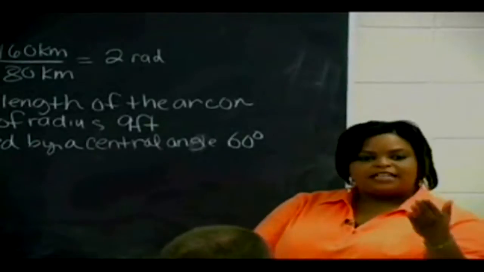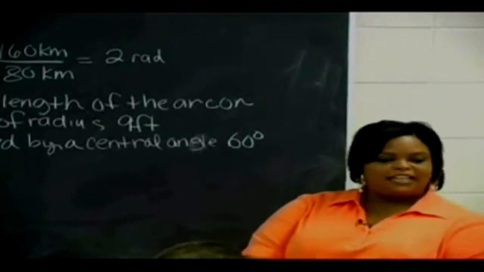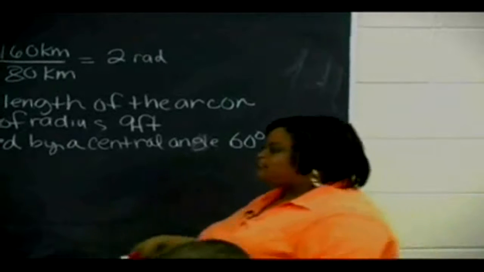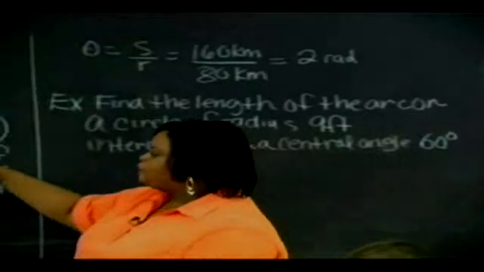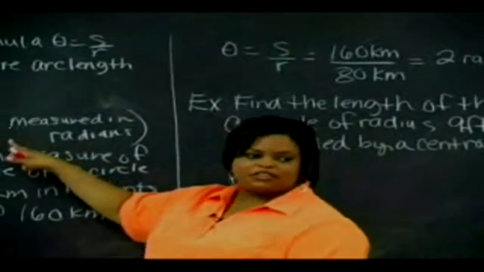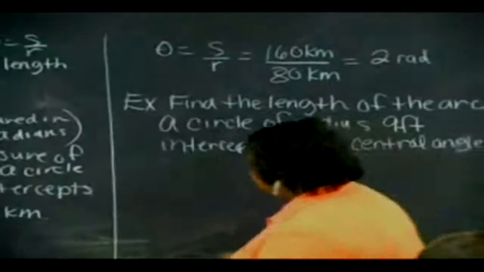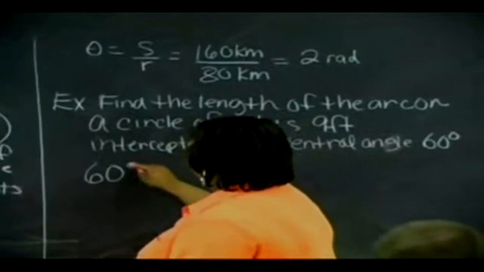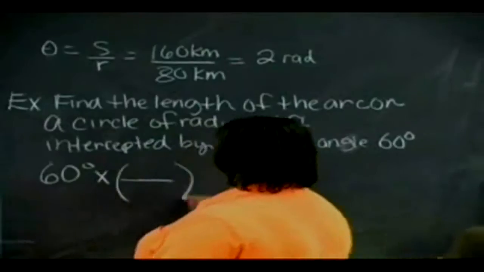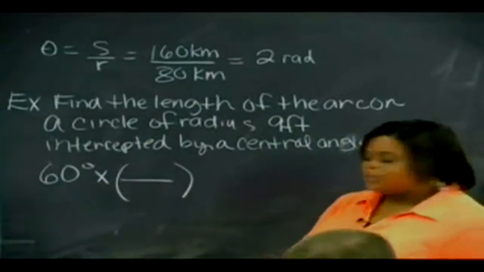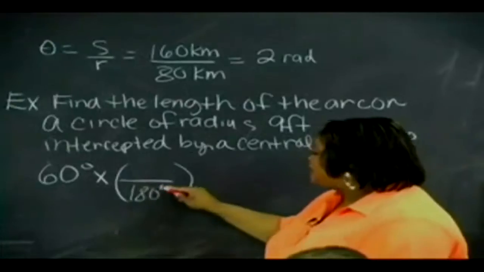Okay, what I need to do, as the young gentleman said, is to convert this 60 degrees into radians, because this whole arc length formula is based on theta being measured in what? Radians. So how do I convert 60 degrees? What do I multiply by? 180 goes on the bottom, because remember, I want to cancel my degrees out.